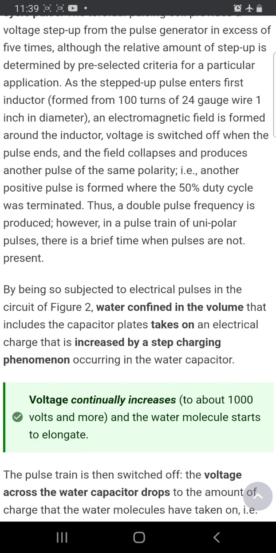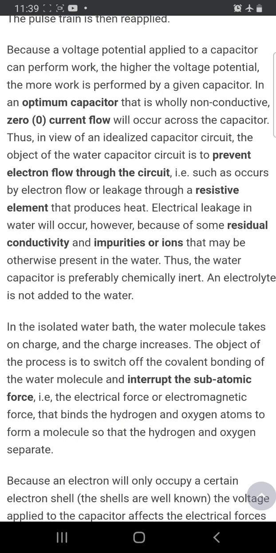All right, hang on, let's keep going. Many people have talked about adding electrolyte, adding salt, or a tiny bit of this or that. And there it is: an electrolyte is not added to the water. Okay.